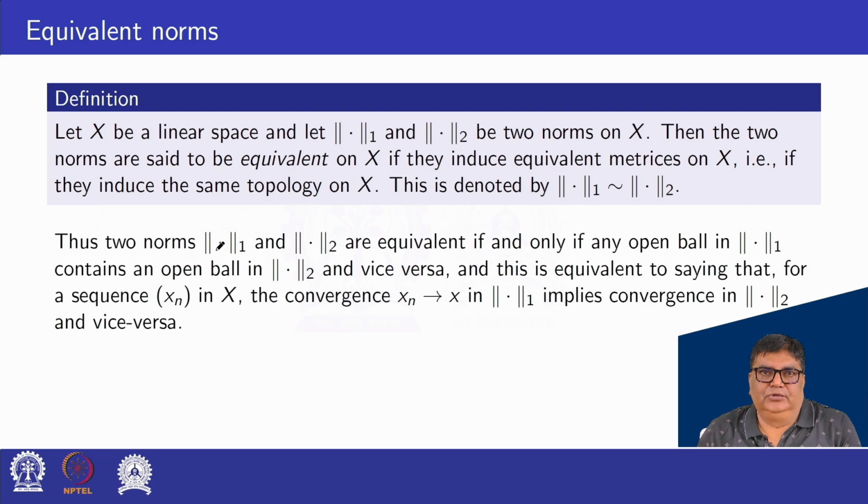Thus, two norms are equivalent if and only if any open ball in norm 1 contains an open ball in norm 2 and vice versa, that is, 1 in 2 and 2 in 1. Okay. And this is equivalent to saying that for a sequence x_n in X, convergence of x_n to x in norm 1 implies convergence in norm 2 and vice versa.